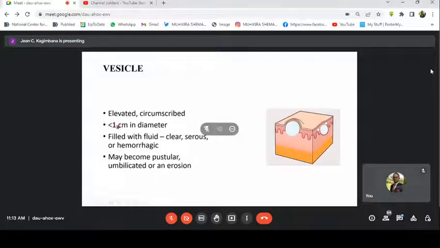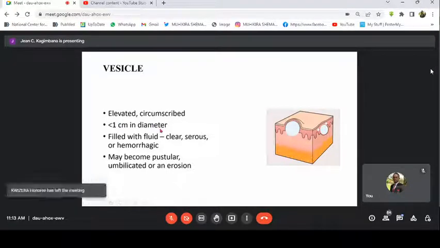In size, it is less than 1 centimeter in diameter, and it always contains fluid. The fluid may be clear, serous, or hemorrhagic.